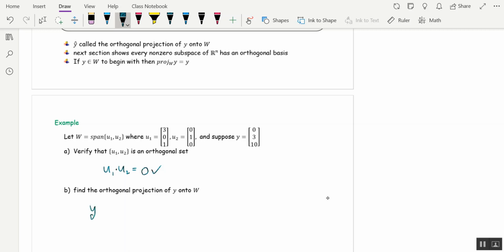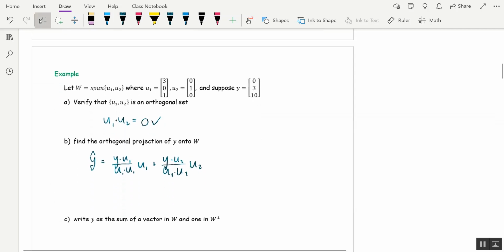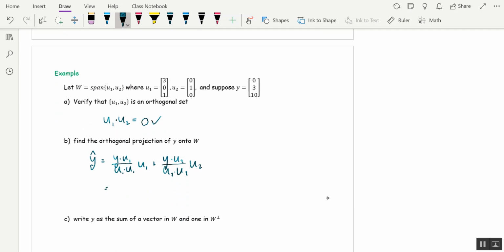So y hat, that's what's being asked for, is y dot u1 over u1 dot u1, u1, plus y dot u2 over u2 dot u2, u2. Okay, and so I'm going to switch over to linear format.